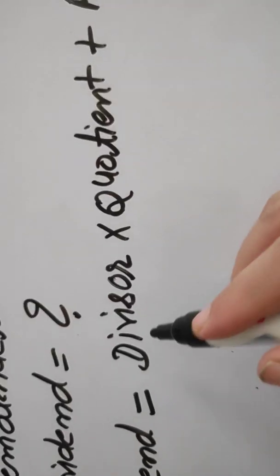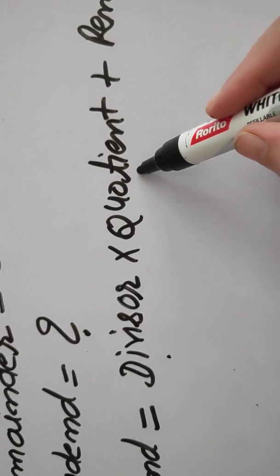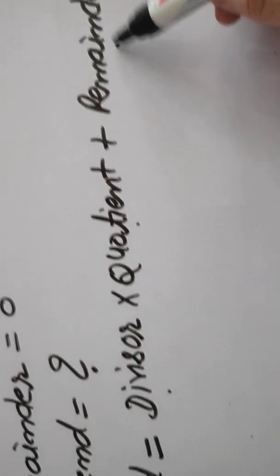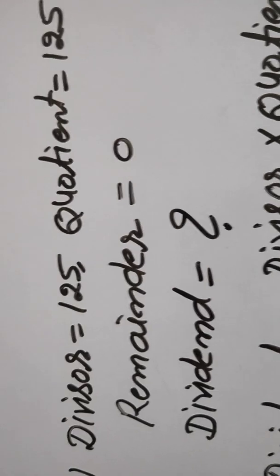It means when you multiply divisor by quotient and you add the remainder, you get your dividend. So put the values.